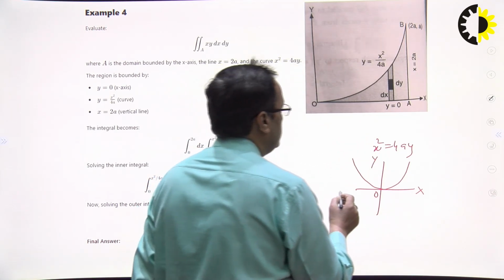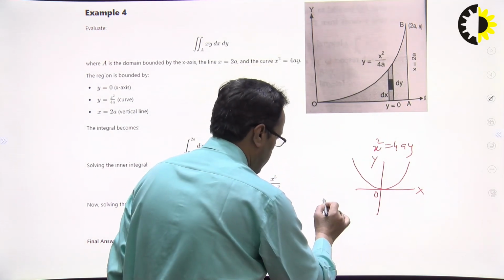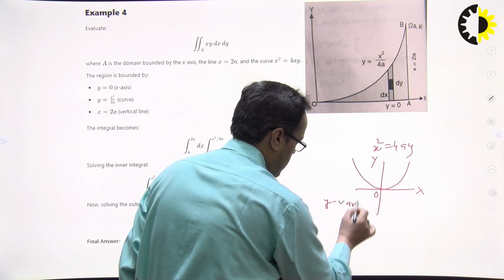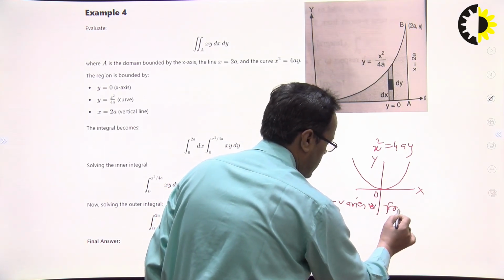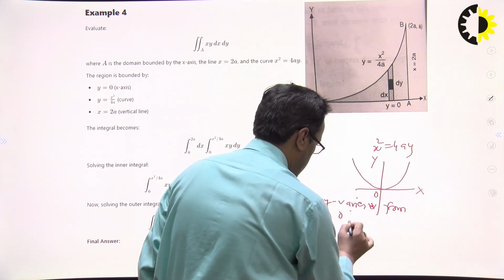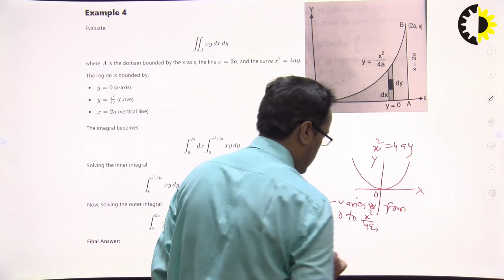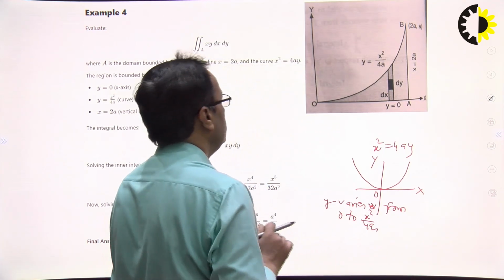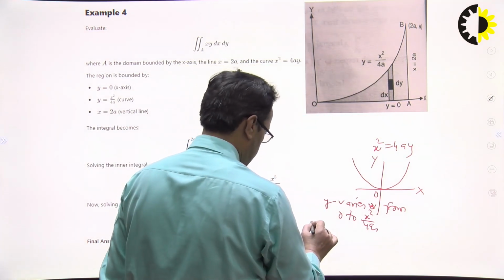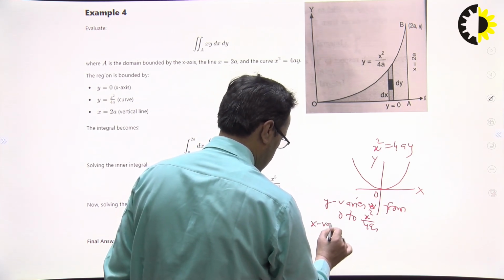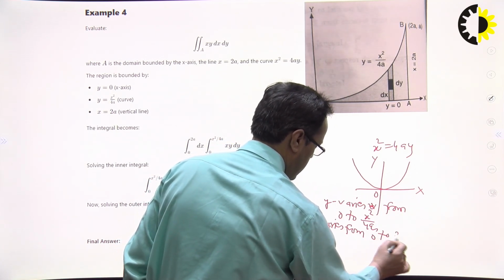The lower limit of y is 0 and the upper limit of y is x²/4a, and x varies from 0 to 2a.